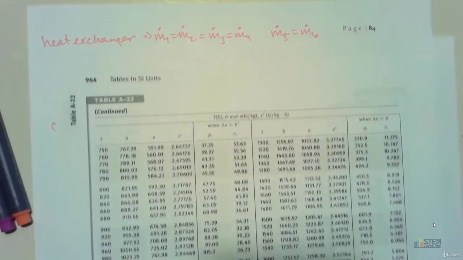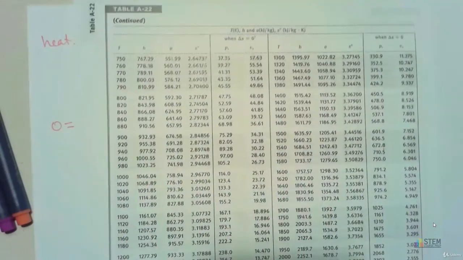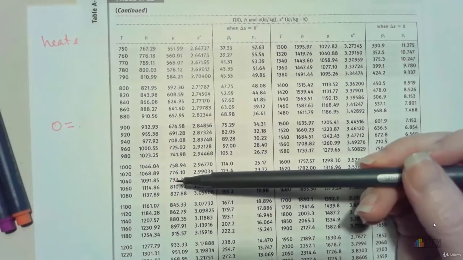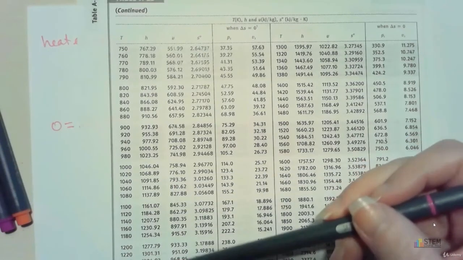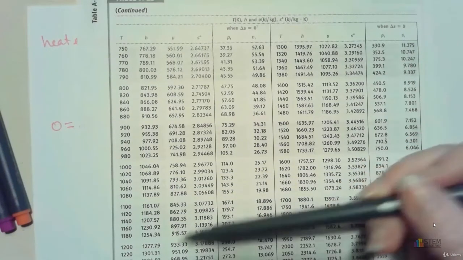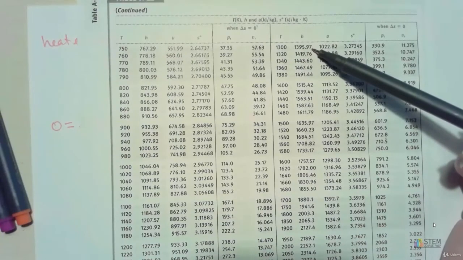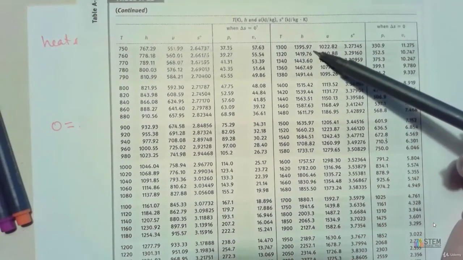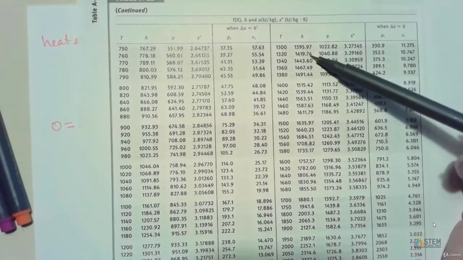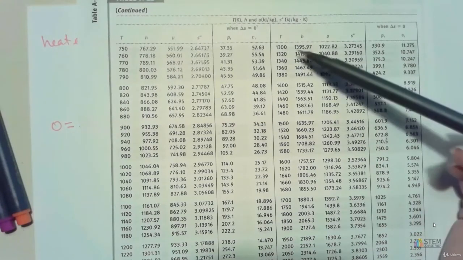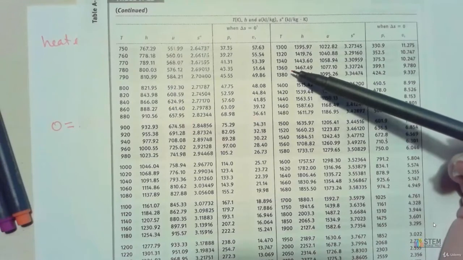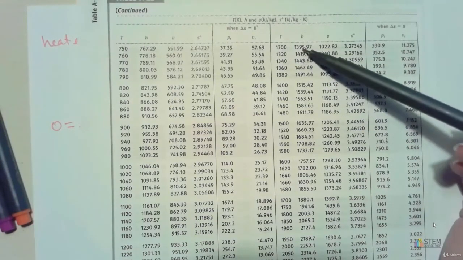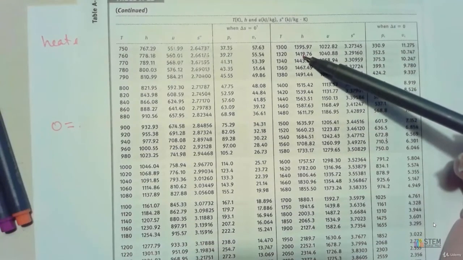Let's see if there's any values close to that in this table. Alright, so we had 1398, here's 1372, here's 1395, 1419. So what we're going to have to do is take these two data points and interpolate to get our temperature. We know our temperature is going to be between 1300 and 1320 though, if we do the calculations correctly.